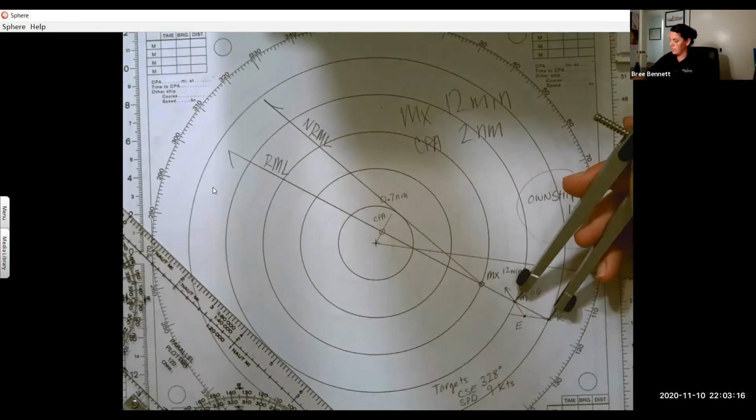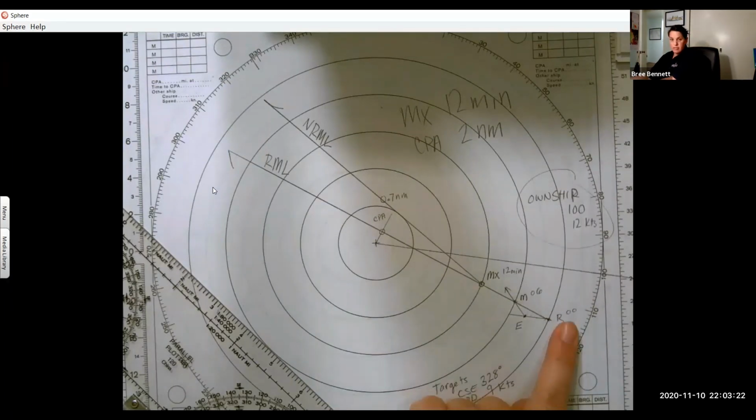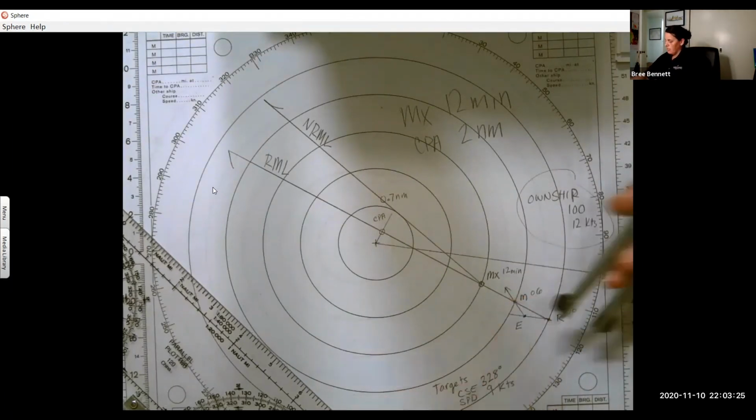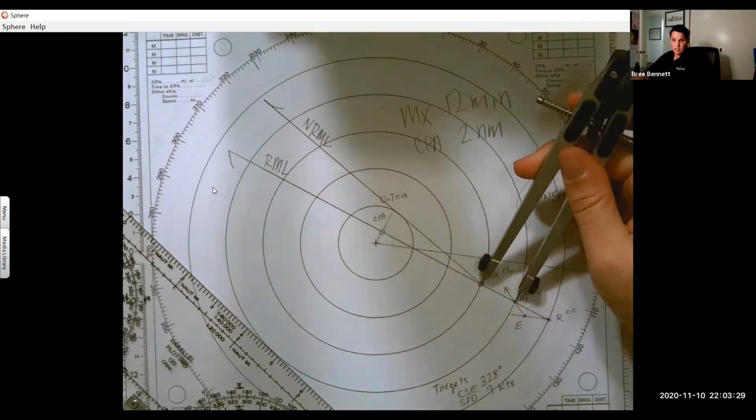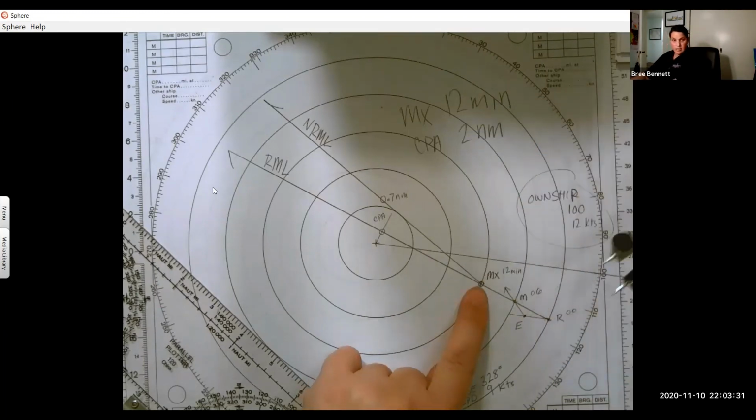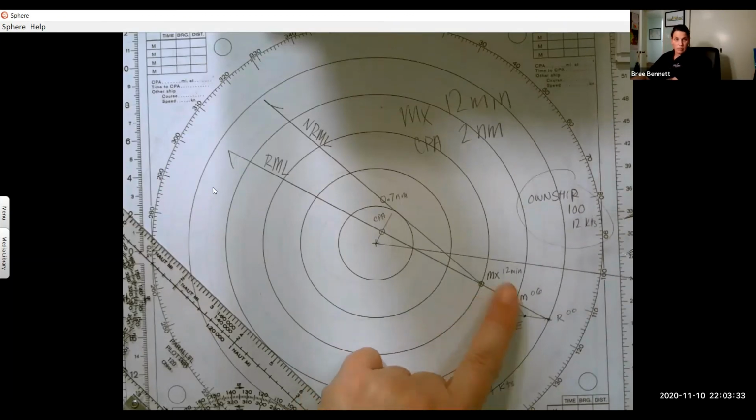So this was 6 minutes. I measured what my relative motion would be in 6 minutes, because this was at minute 0 and minute 6. So then I just walked it over to see where minute 12 was. And I marked that and said, that's my MX for minute 12.